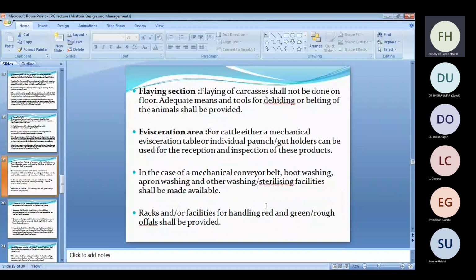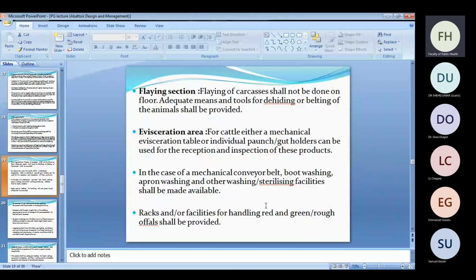The flaying section. The flaying of carcass shall not be done on the floor, as obtainable in some areas. Adequate means and tools for the hiding of the animal shall be provided. During the evisceration for cattle, it is either done mechanically, a mechanical evisceration table, or an individual sponge gut holder can be used for the reception and the inspection of these products.